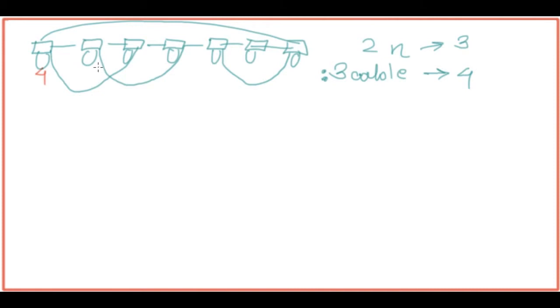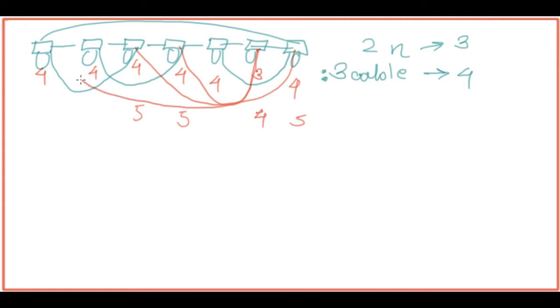Here I had 4, here also 4, here also 4, here also 4, here also 4, here I had 3, and here I had 4. So first connection I will make from this to this. Then here the data cost will be 4, here it will be 5. And then I will connect these two. Here it will be 5, also 5, and then through this I'll connect one more, let's just say this one.